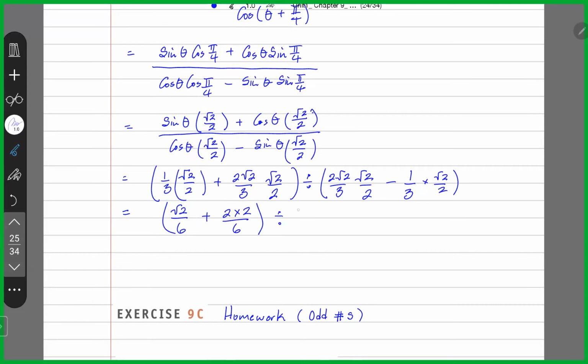Divided by 2 times 2 over 6, which is 4 over 6, minus root 2 over 6. This is root 2 plus 4 over 6 divided by 4 minus root 2 over 6.